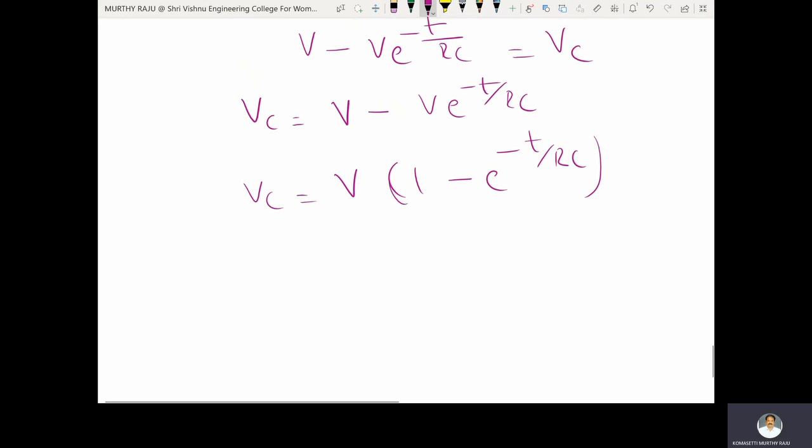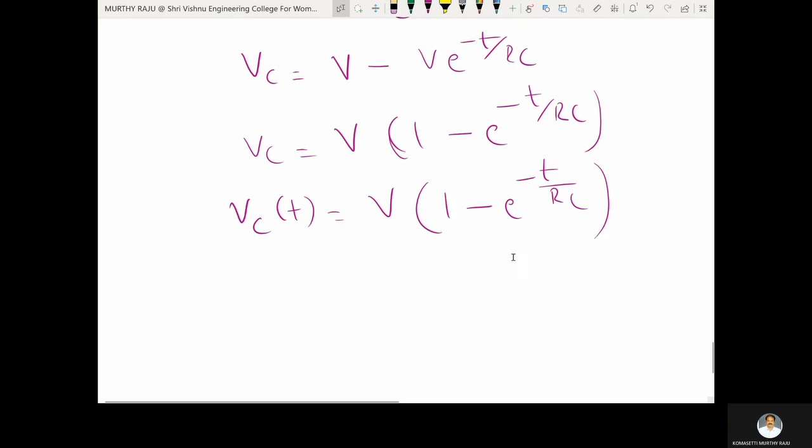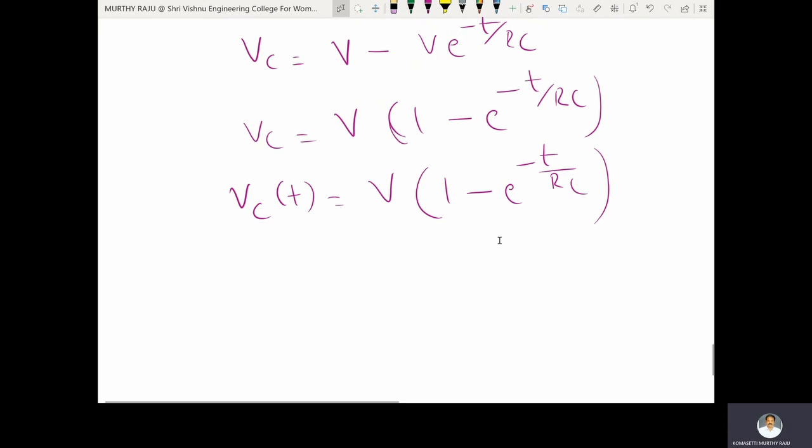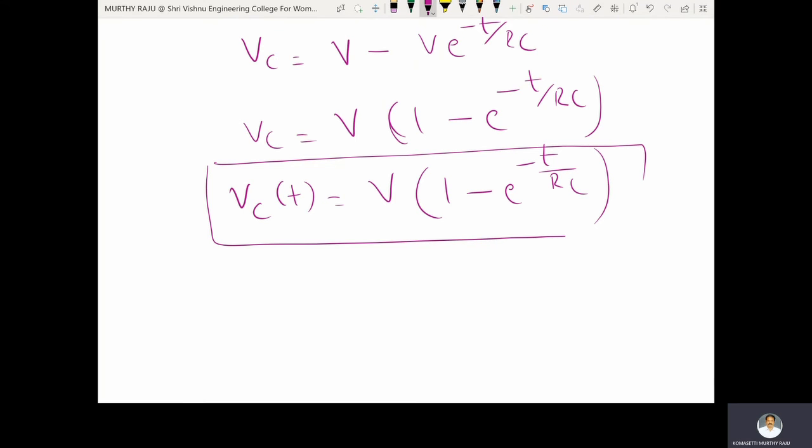Here it is a function of time, that is, Vc of t is equal to V into 1 minus e power minus t by RC. This is the charging voltage across the capacitor.